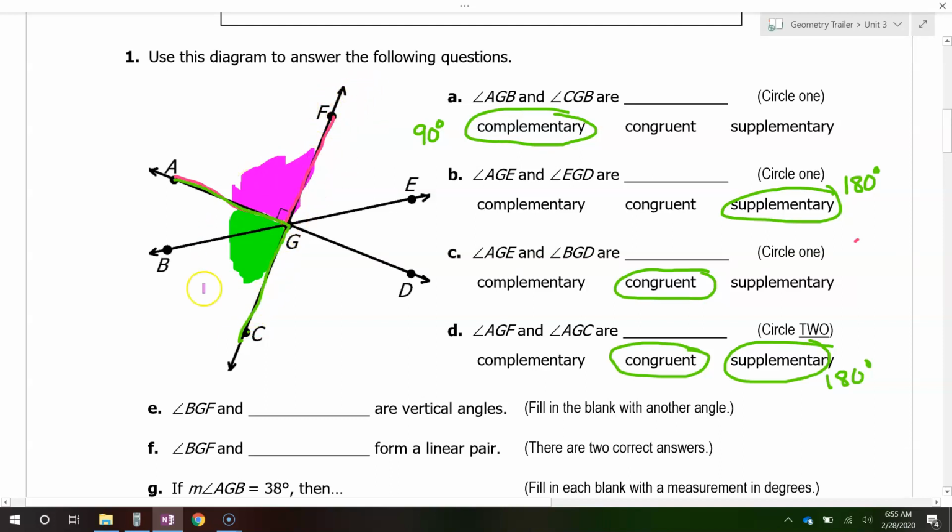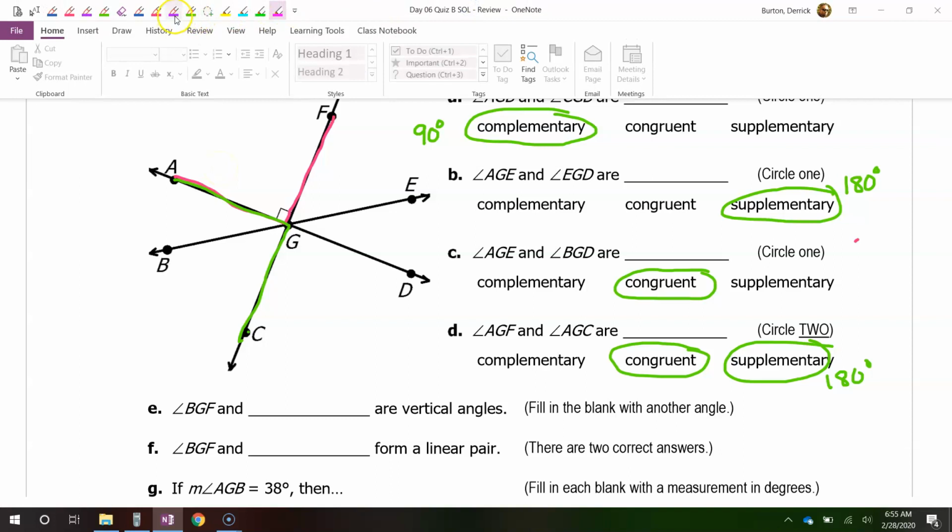And a straight line is always going to be 180 degrees. But the reason why they're congruent is because specifically each of them is 90 degrees.